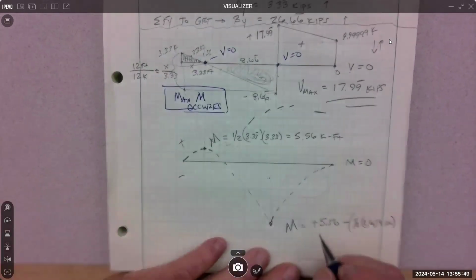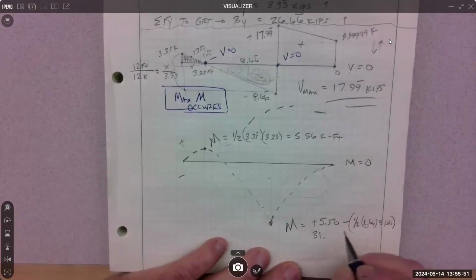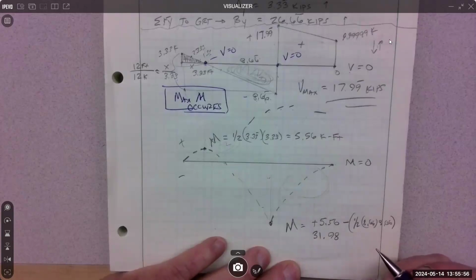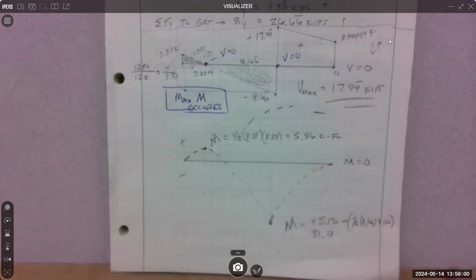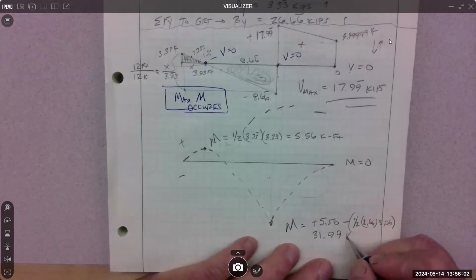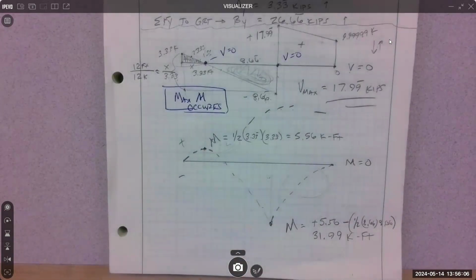I get 31.98, probably because I round. I get 32 even. It is down here in the negative area, but again, we don't care.